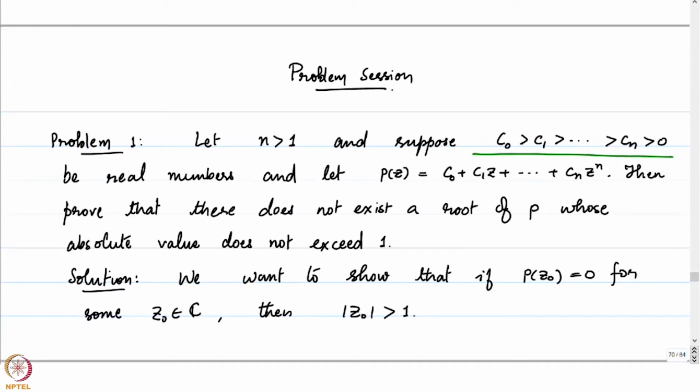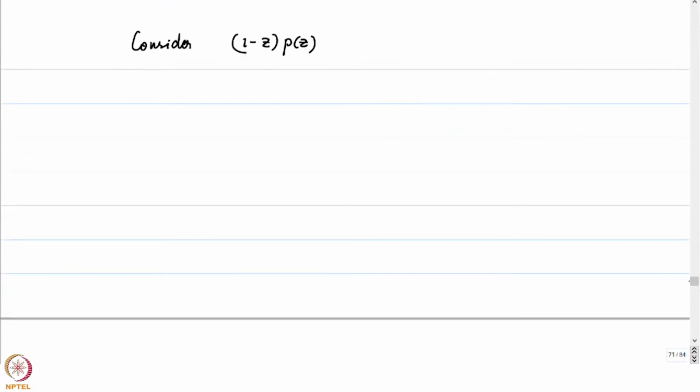We are given that the coefficients satisfy a nice condition, and because of that we will be able to write this as P of z, which is C0 plus C1z plus up to Cnz to the power n, minus z times P of z, which is C0z up to Cnz to the power n plus 1.